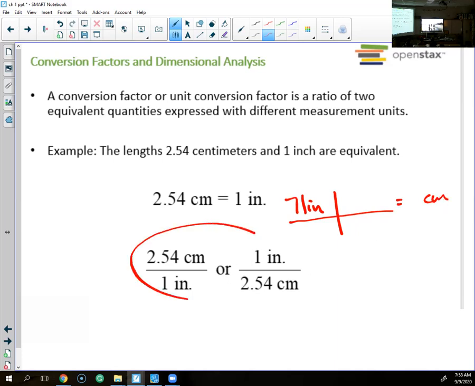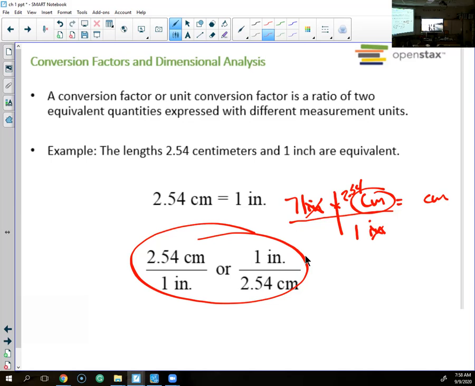And then I arrange this in the way that inches cancels out and centimeters is the only thing that's left. So I find the thing in front of inches is 1, in front of centimeters is 2.54, and then I multiply across the top. The unit I don't want cancels out. The unit I do want stays. That's literally all we're going to do.